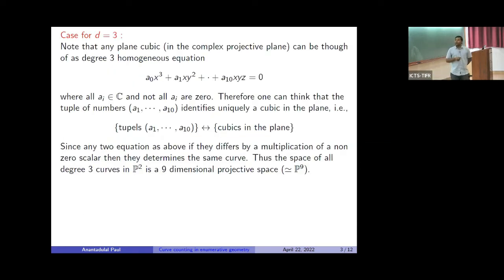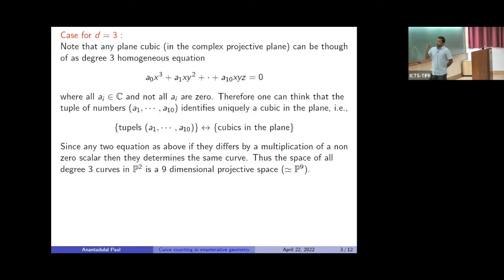We actually want to understand cubics inside CP2. So what are the cubics? These are vanishing sets of degree 3 homogeneous polynomials, right? If you want to specify a cubic inside CP2, you only need to identify those 10 coefficients a_i, and all of them are not zero.